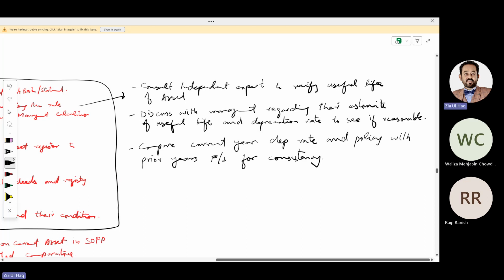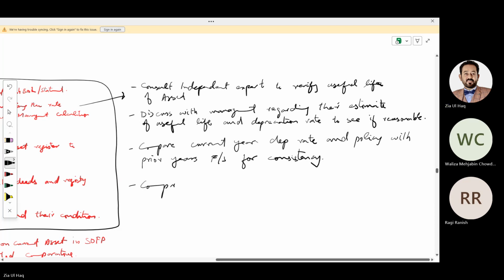Whether in the previous year the asset was used for these many years. If in the previous year the asset was finished after 5 years, and now the company is charging depreciation at 10%, meaning 10 years of life, this means there is an issue.